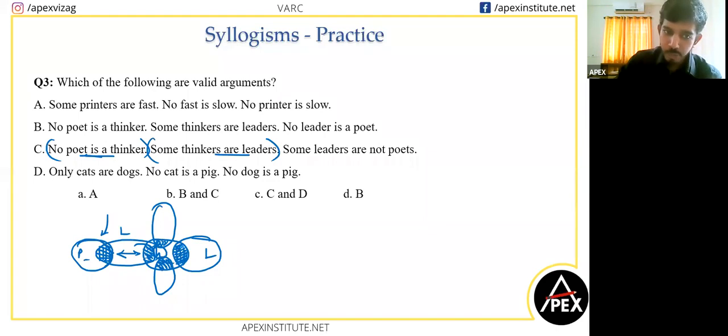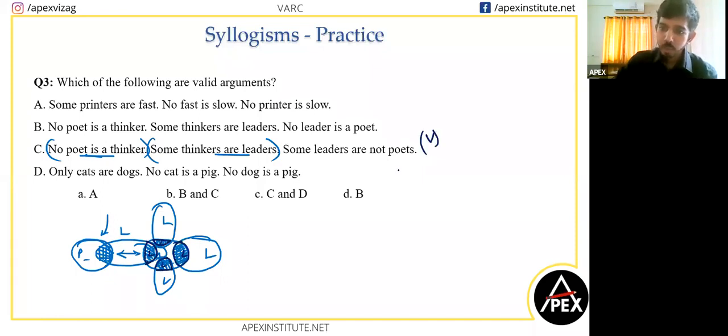There will always be some leaders in these dark blue areas who will not be poets. These are the thinkers. Yeah, these people can never be poets because they are overlapping with thinkers and no thinker can be a poet. So there will always be some leaders, those in these areas, who cannot be poets. So this becomes a valid argument.